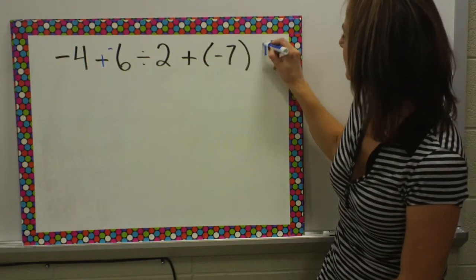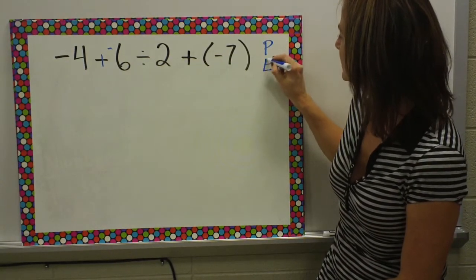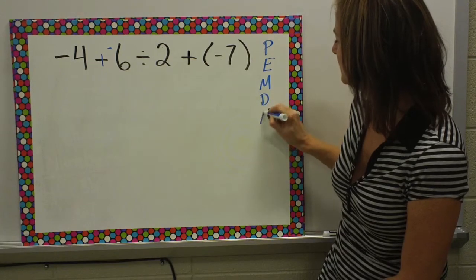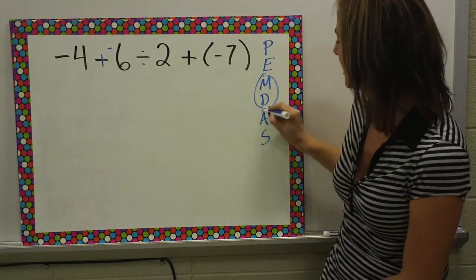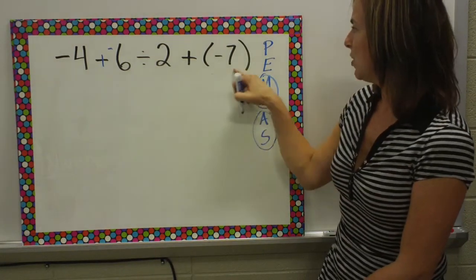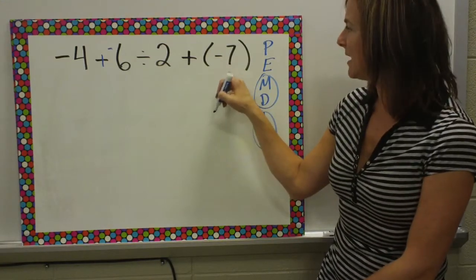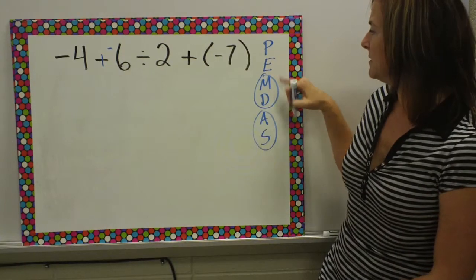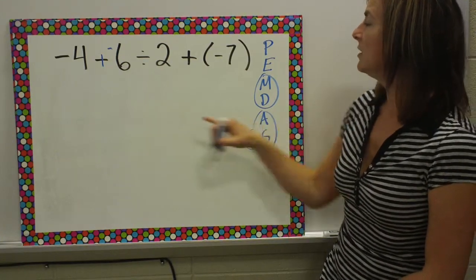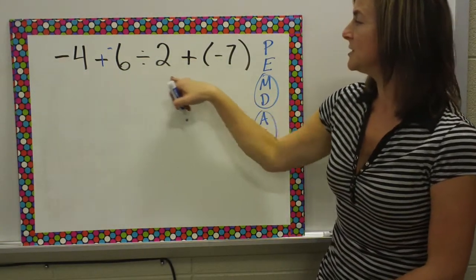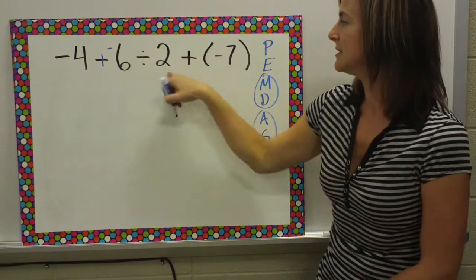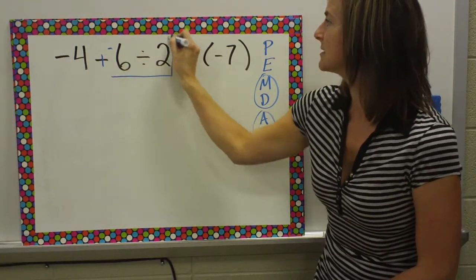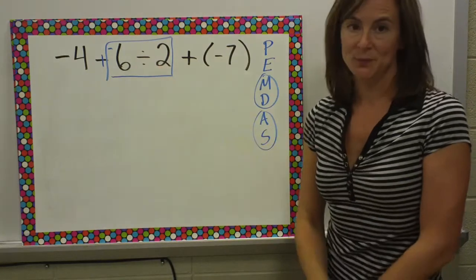Now I can go through parentheses, exponents, multiplication and division, addition and subtraction. All right, so I see parentheses here, but inside the parentheses, everything's already solved. There are no exponents, so I'm going to move from left to right, and the first multiplication or division problem I come across is a negative 6 divided by 2.